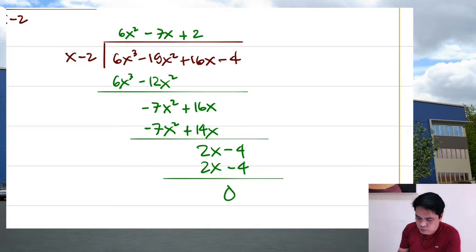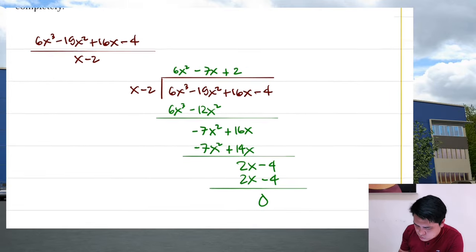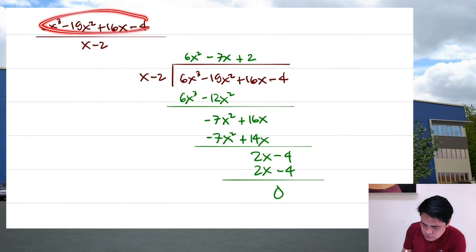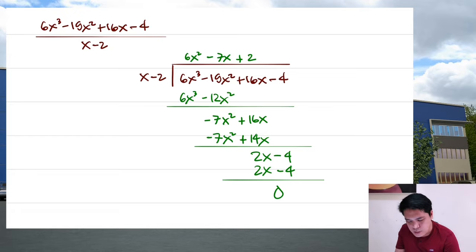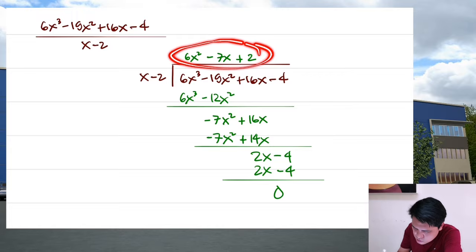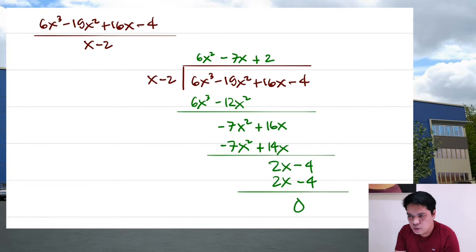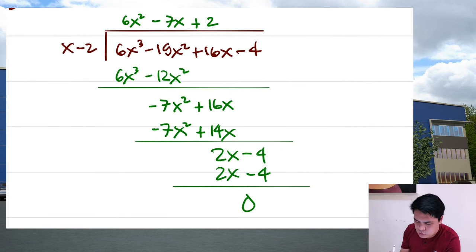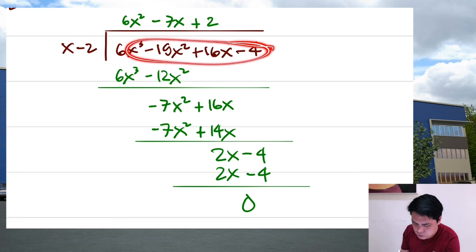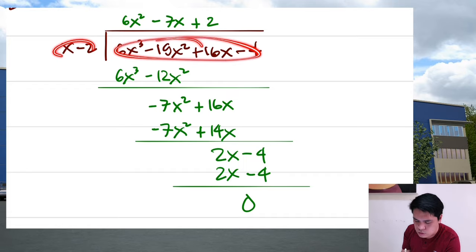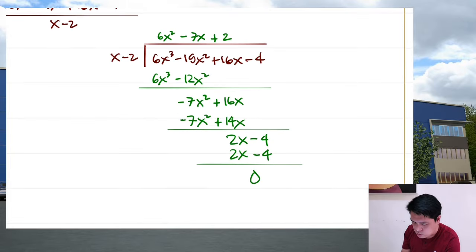So therefore, when you divide 6x cubed minus 19x squared plus 16x minus 4 by x minus 2, the quotient is 6x squared minus 7x plus 2. Now we notice that the remainder is 0, or there's no remainder.